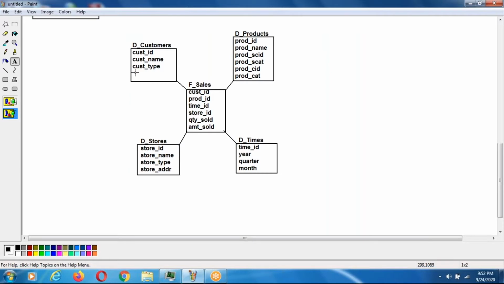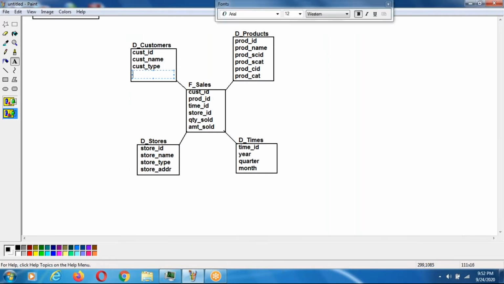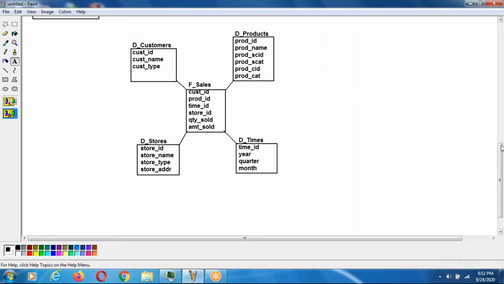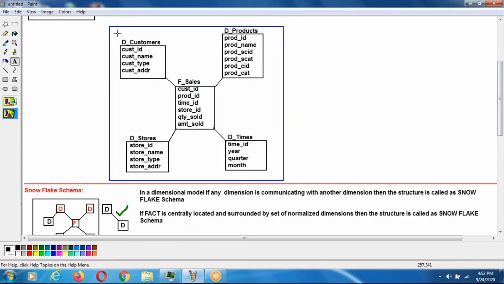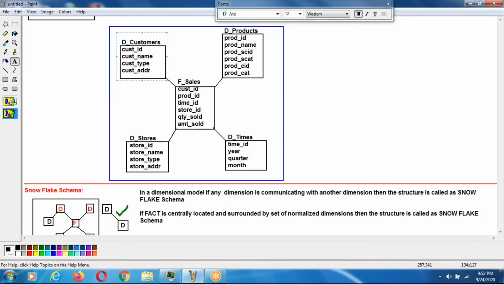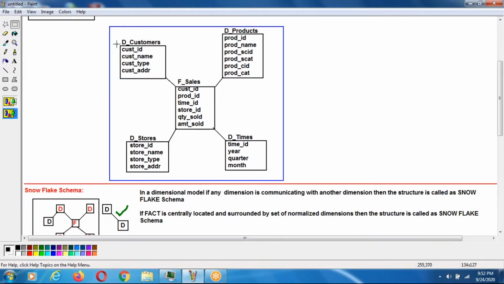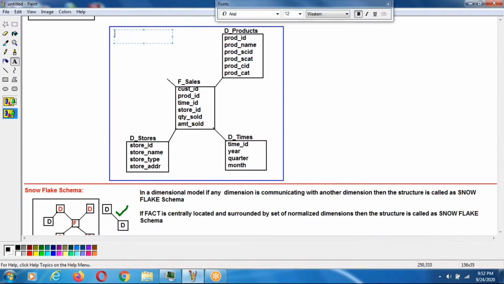In the customer table, for example, d_customers consists of customer ID, customer name, customer type.